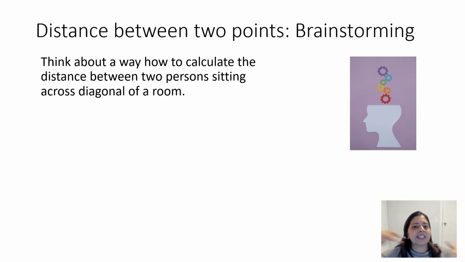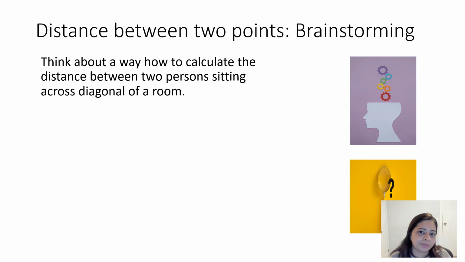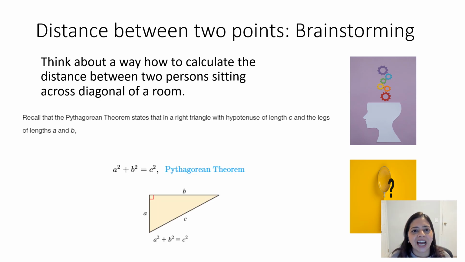How will you measure the distance between them without actually using any measuring tape? What's the mathematical way of computing the distance? Give it a try, pause the video, do some brainstorming, and think about how you would actually compute the distance.